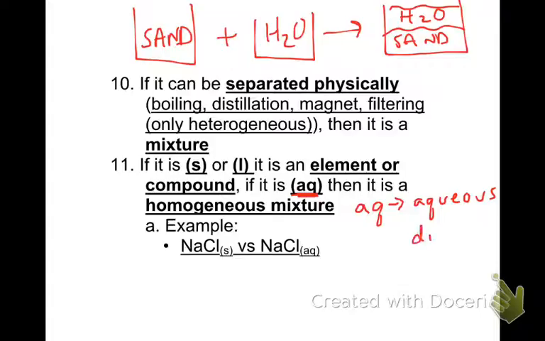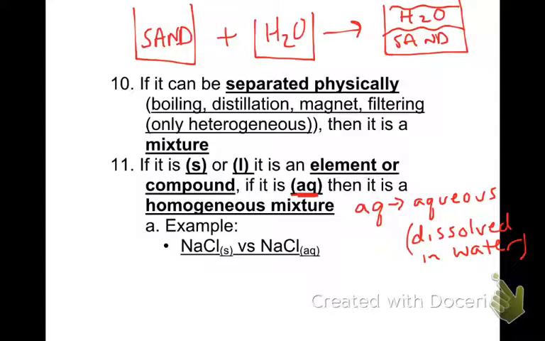It means dissolved in water. So if you think about it, anytime salt is dissolved in water or sugar is dissolved in water, then you are dealing with a substance that is uniform throughout.